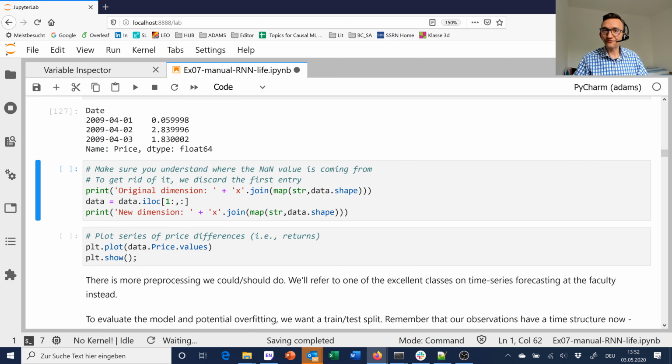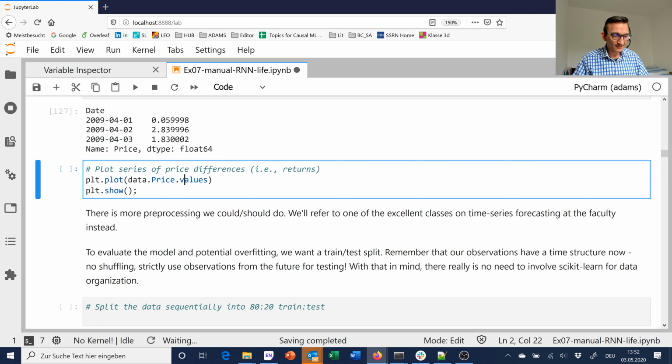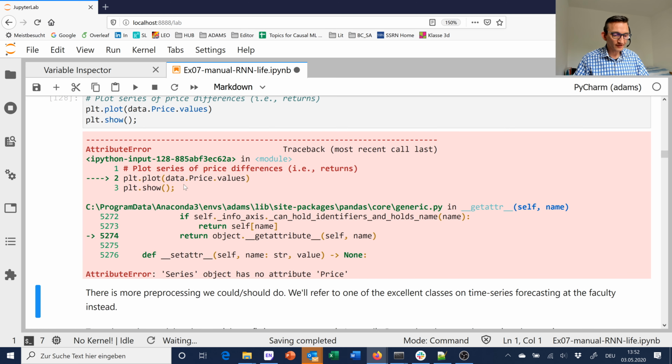Oh, I had left the code to do the deletion of the None value in the notebook. We don't need it anymore, but you have it with some more explanation as usual on GitHub. Let's get rid of that, but let's plot our values.